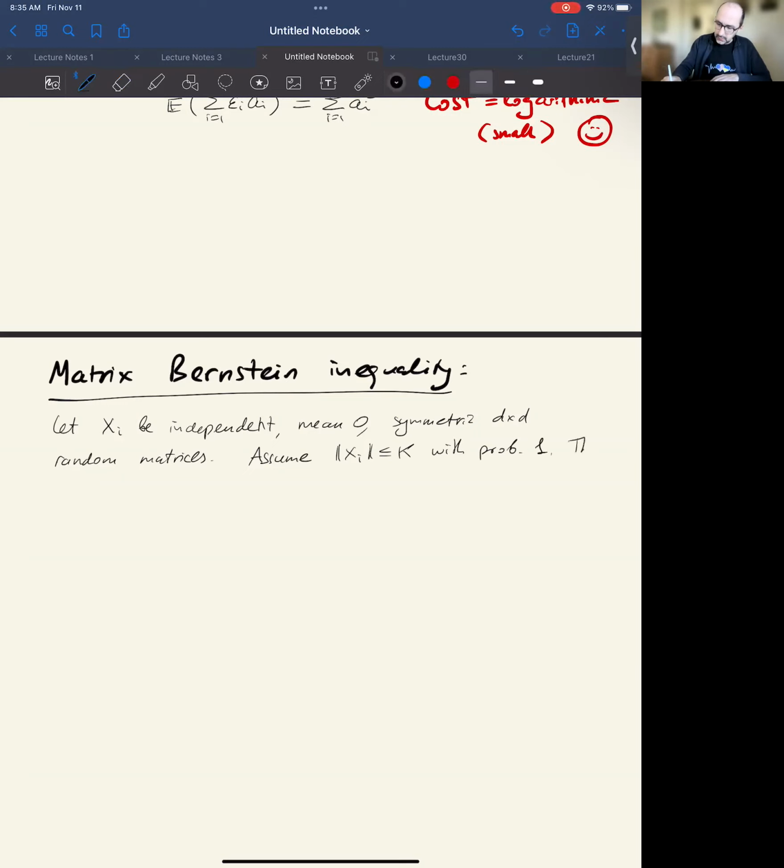Then for any t, the tail, the probability that the norm of the sum is greater than t, is less than 2d times an exponential. The ideal situation is where the tail is like t squared over sigma squared, where sigma squared is the matrix variance.